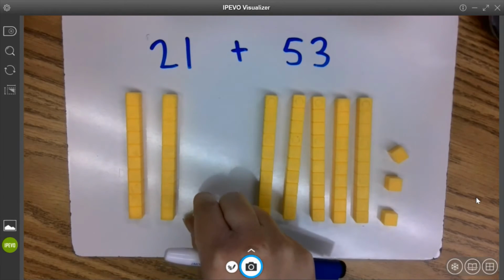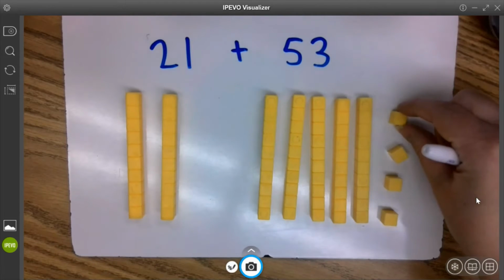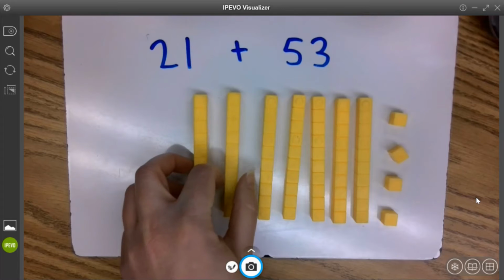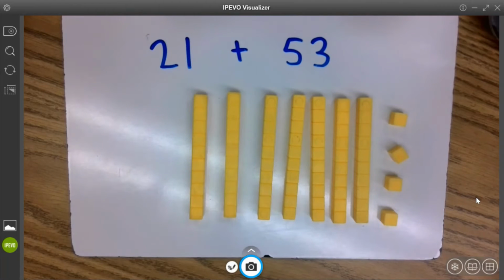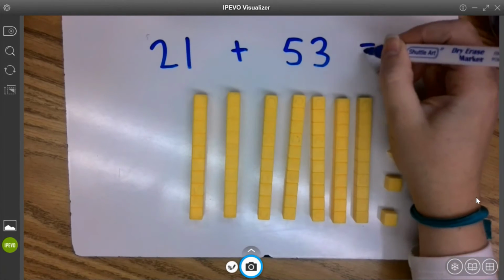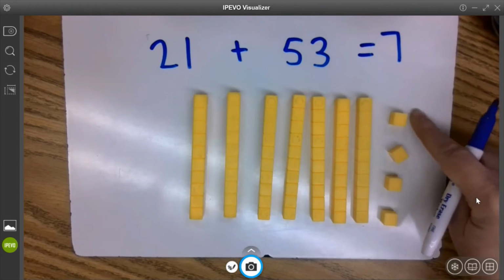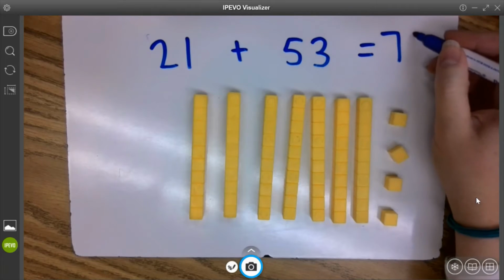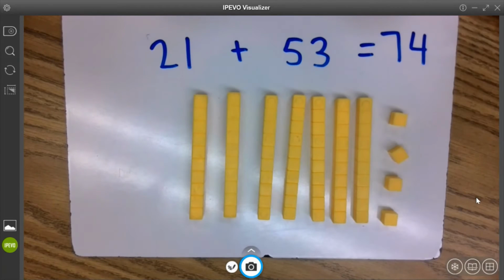That's right. So I'm going to put my ones all together, and I'm going to put my tens all together. What do I have now? 1, 2, 3, 4, 5, 6, 7 tens. 1, 2, 3, 4. 4 ones. 74.